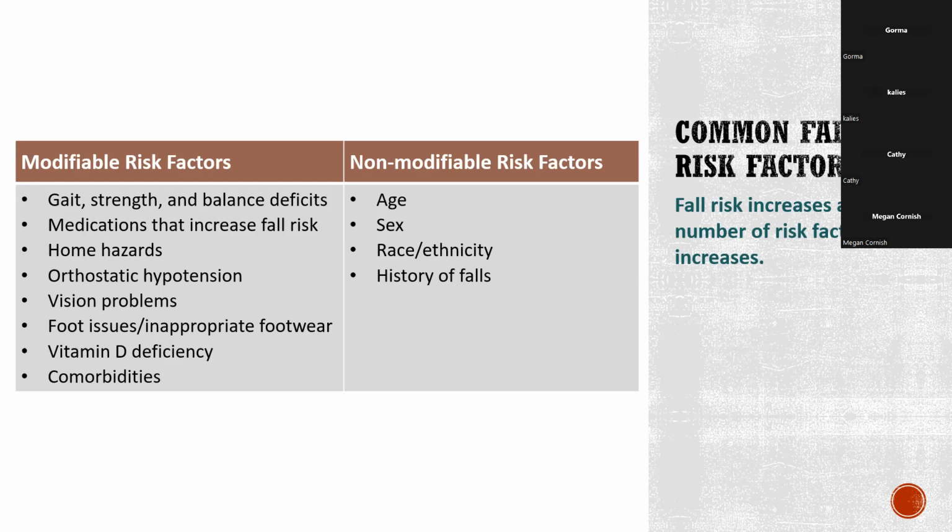And again, having fallen also increases the chance of falling again. So being able to look at your residents and your tenants when they're admitting to your communities and looking at, okay, is their fall risk modifiable or is it non-modifiable? So one side we can really do something about, and the other, we just have to be aware of it and know how to intervene and how to potentially educate and prevent.